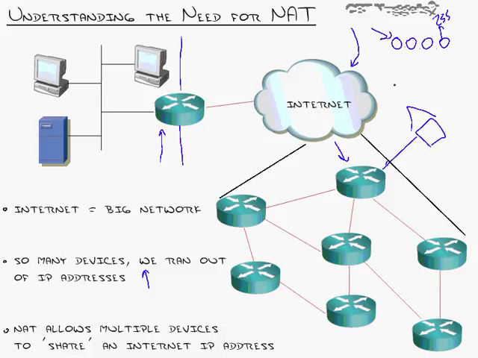We would exhaust the whole thing. So NAT's major goal is to allow multiple devices to share an internet IP address. Now, NAT does many other things, but that is the reason NAT became famous.